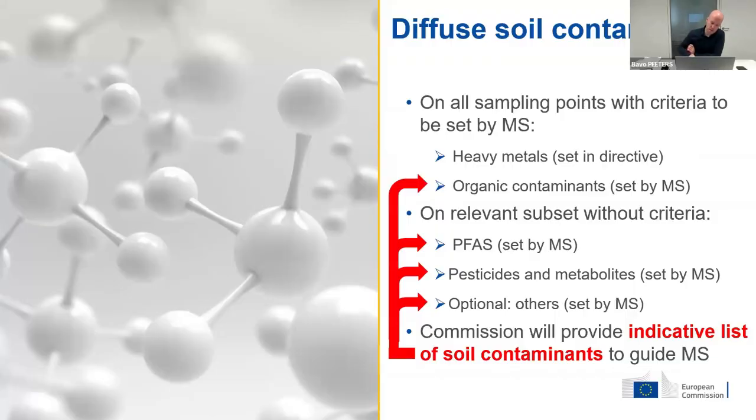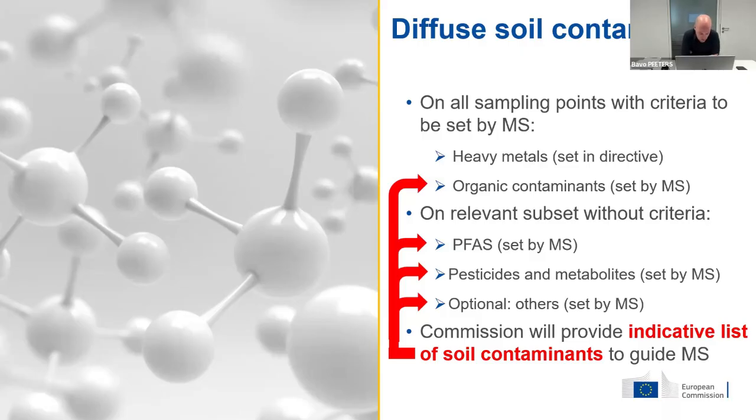So in this slide, we go from the contaminated sites to diffuse soil contamination, which is only one of the many soil descriptors in the directive. Here, member states should identify diffuse soil contamination through stratified random sampling.